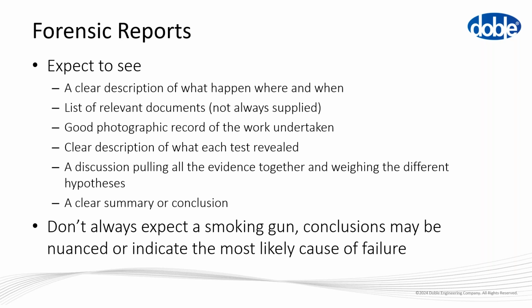Now, as I said at the beginning, often these failures destroy a lot of the evidence. So we're not necessarily always going to find that smoking gun of what killed the cable or the transformer or the bushing. So the conclusions of the report may be somewhat nuanced. It could be that it's highly likely it's A, unlikely that it's B, but B is still possible.